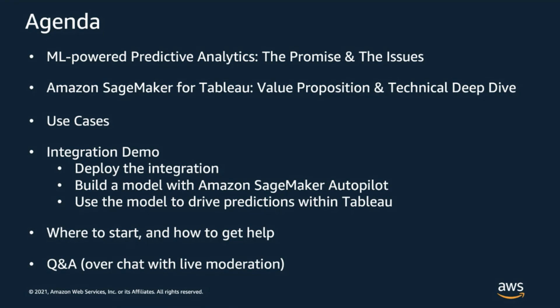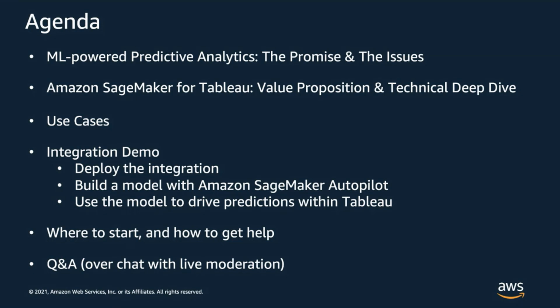So we'll cover those two, and then we will walk you through our Amazon SageMaker for Tableau solution, how it works, and what are some of the most common use cases we have heard from our customers using it for. Then we'll go through a demo of the 3 steps that are required to make use of our integration.